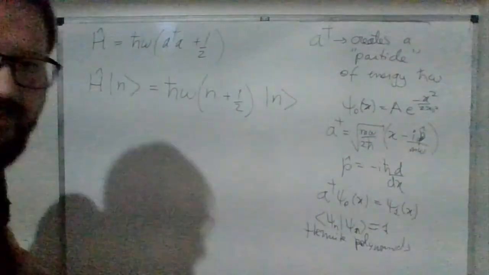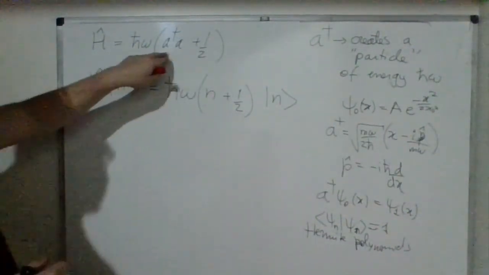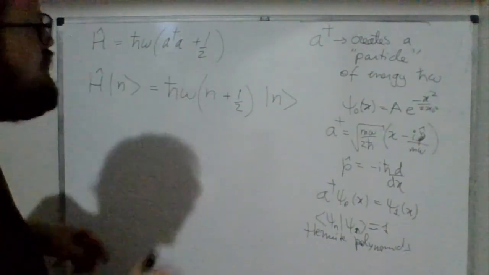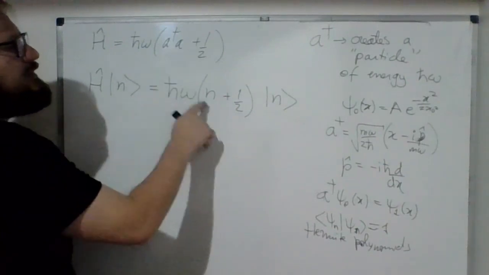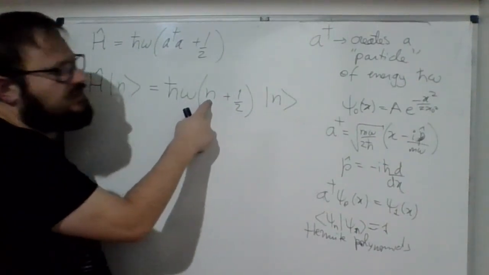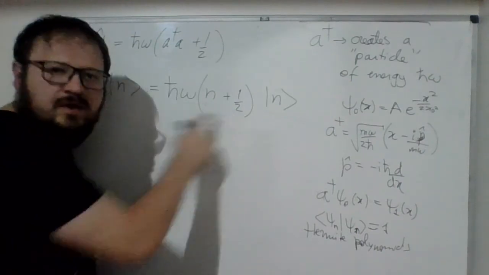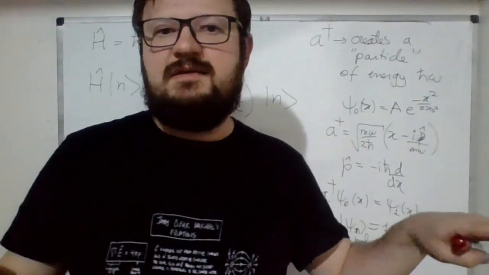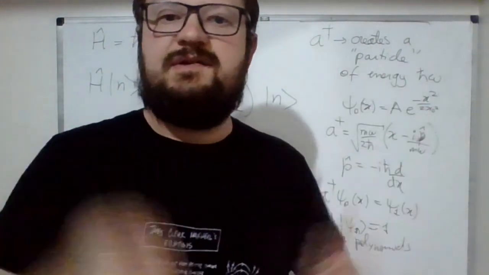All right. Well, this is what we have when we apply a dagger a to any level here. It corresponds to having n particles with energy h bar omega plus 1/2, which is the vacuum state, no particles, but it has some minimum energy.